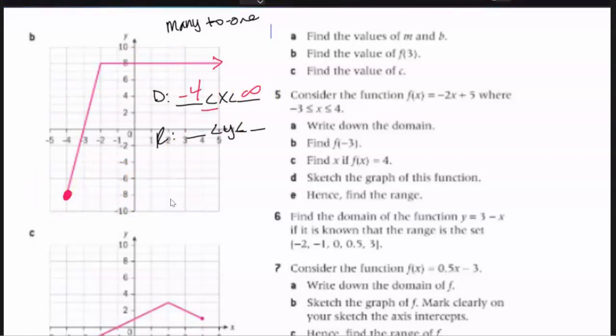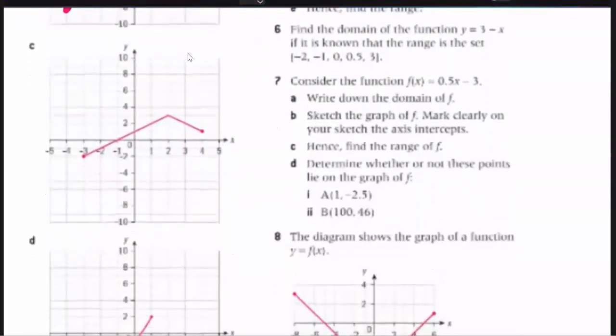And my highest y value, although it does go infinitely here, notice it does not go infinitely upwards. It stops at 8. My graph will never go higher than 8. So my graph will go from -8 to 8. And that is my range.